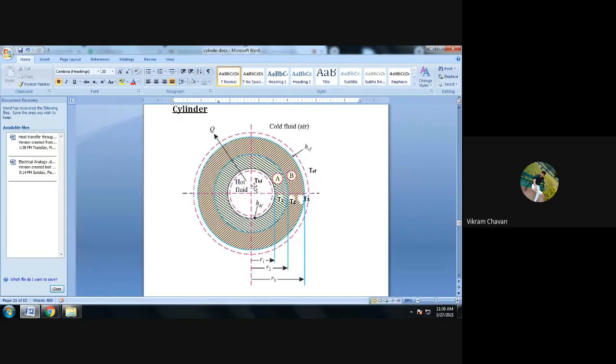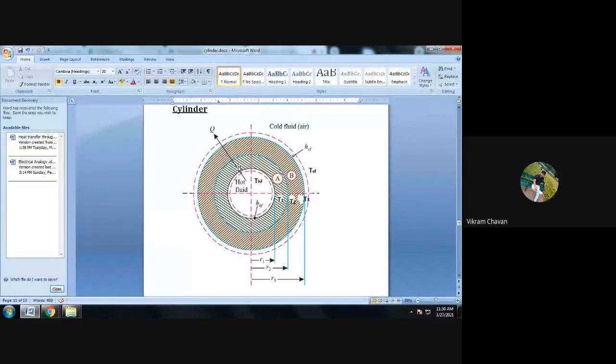So we have to show the heat transfer direction. It shows that heat is transferring radially from the central axis of the cylinder towards the surface of the cylinder. That is nothing but radial heat transfer.